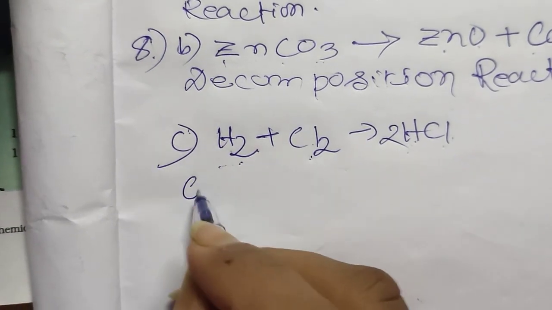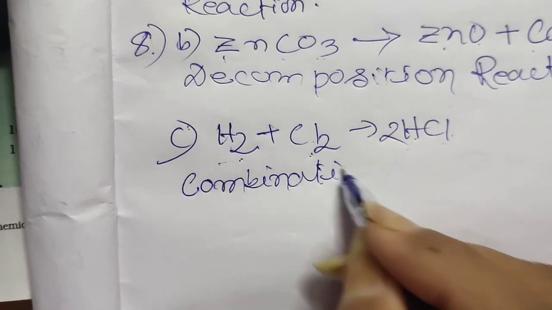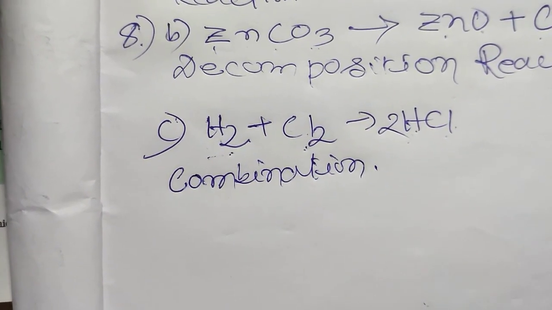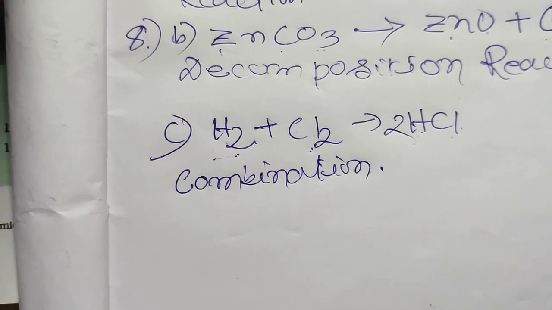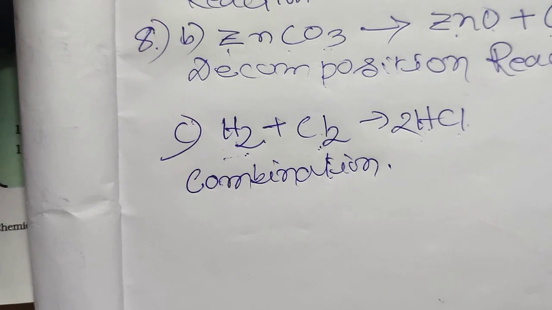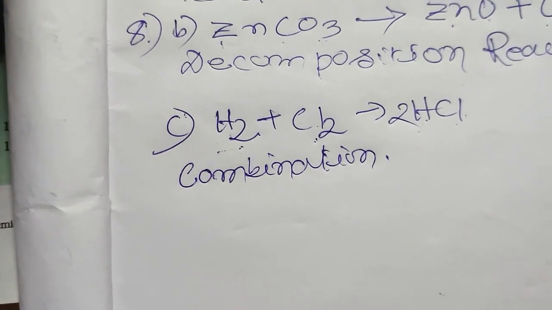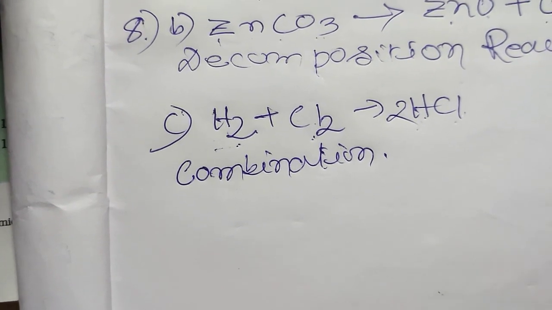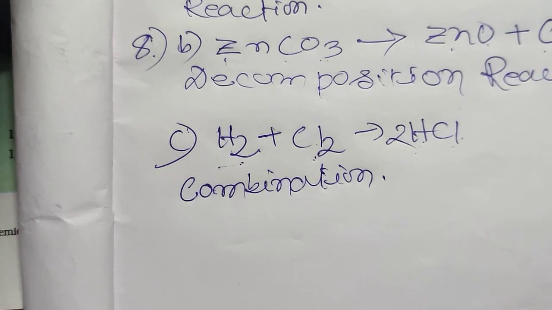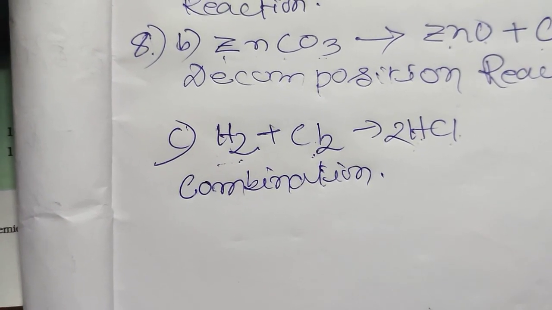So in the earlier class, when I gave you examples of combination reactions, I mentioned that in producing water by the reaction of hydrogen and oxygen, heat is released. Most combination reactions emit heat. Water formation also emits heat.